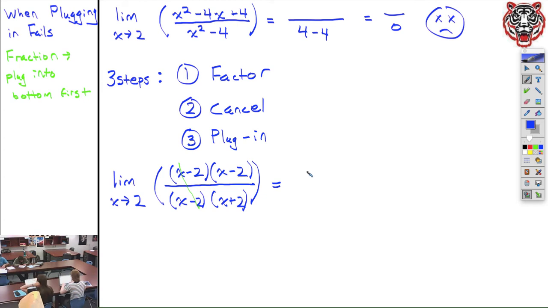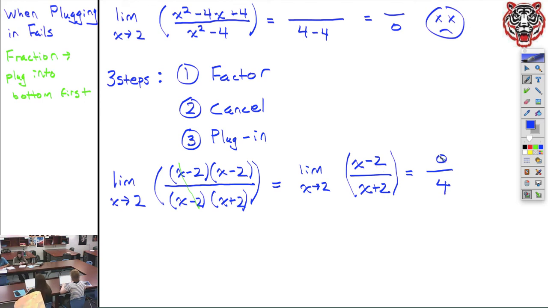So this now becomes the limit as x approaches 2 from both sides of x minus 2 divided by x plus 2. When I plug in 2, I check the bottom first because it's a fraction. My denominator is 4, so I don't have any more problems. Top: 2 minus 2 is 0. Final answer, 0.